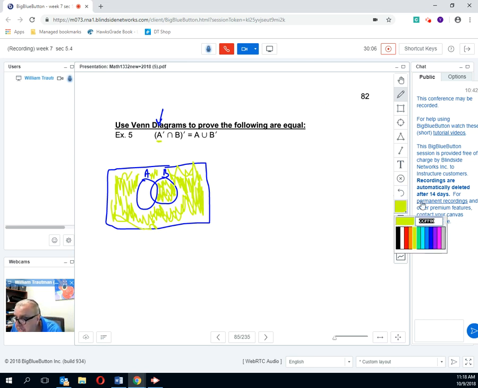Now I'm going to do another color. And this is B. So I'm going to shade in B in this green color. I'm going to do all of B in this green color.